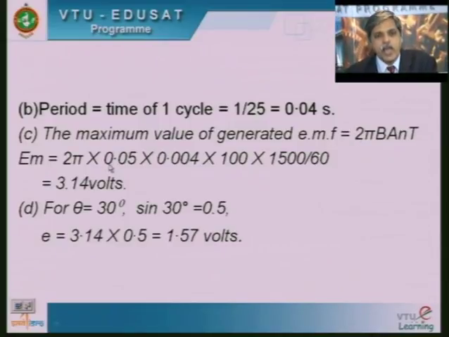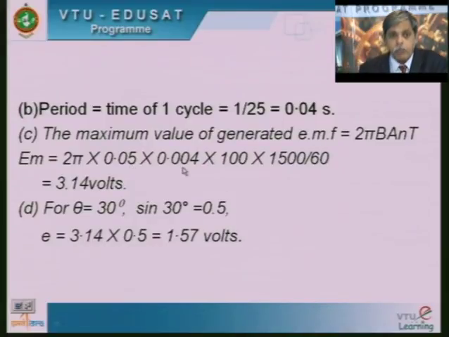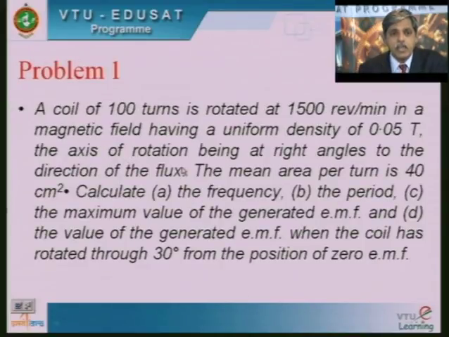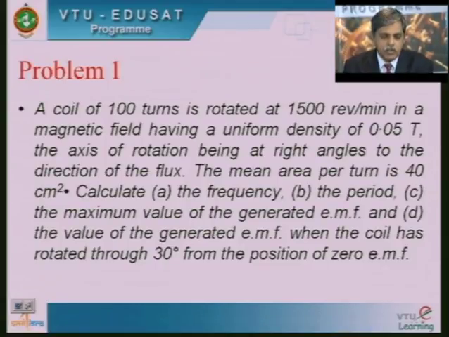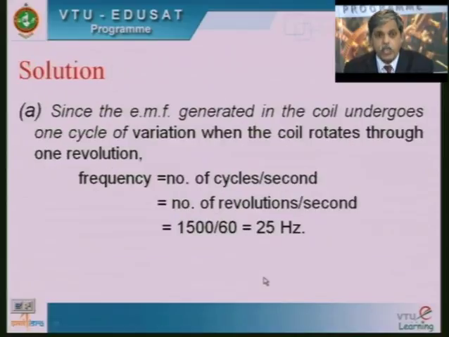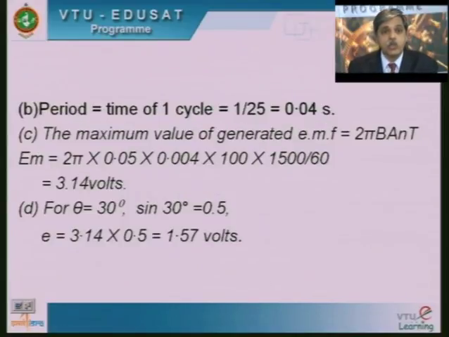Therefore here I represented it as 0.05, the value of the flux density B, then the area. If you see the problem, the area given is 40 centimeter square. 40 centimeter square divided by 10000, because 1 meter has 100 centimeters, I will be getting the area of the coil as 0.004.